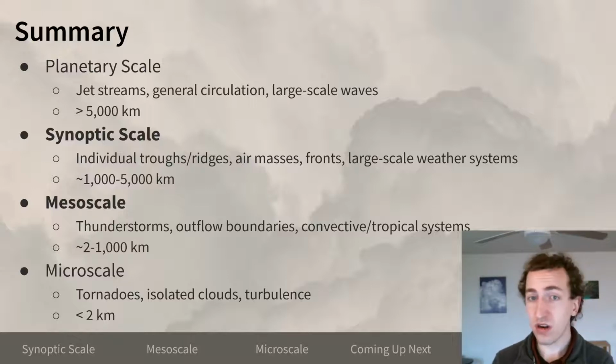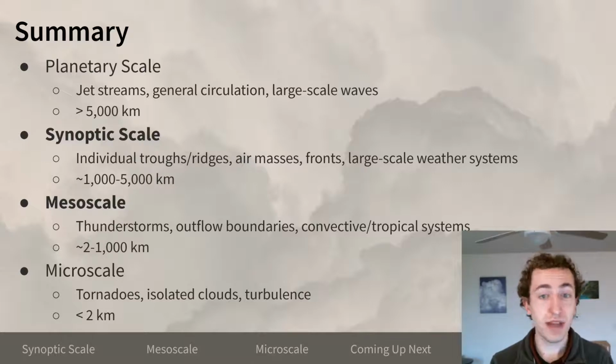So we start at the largest, planetary scale, where we talk about things like jet streams, the general circulation, and large-scale wave patterns. Then we go to synoptic scale, where we talk about individual troughs and ridges, air masses, fronts, and large-scale weather systems like high and low pressure systems.